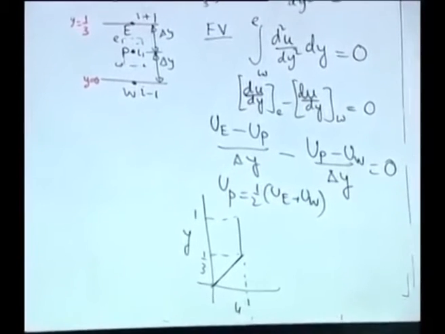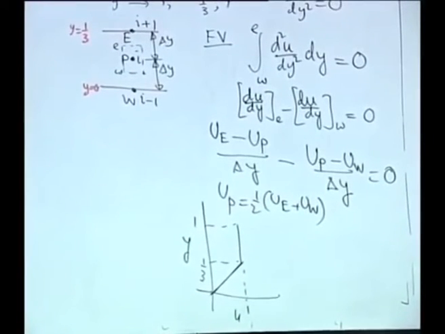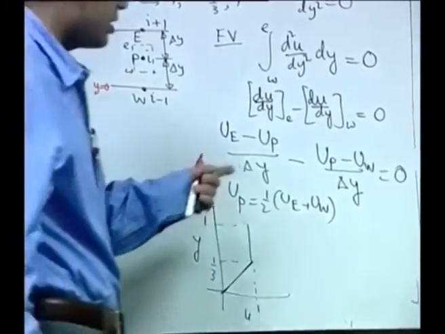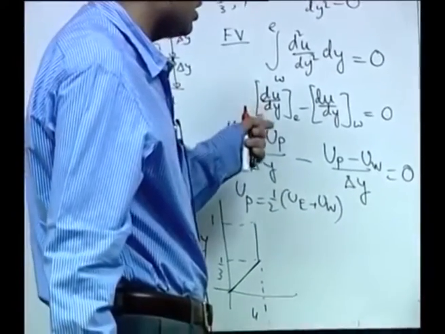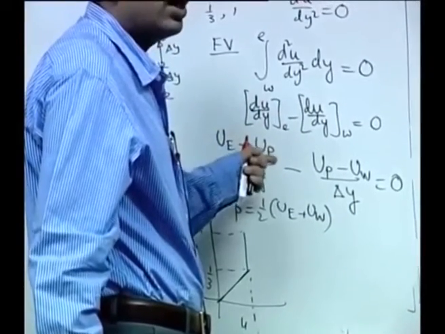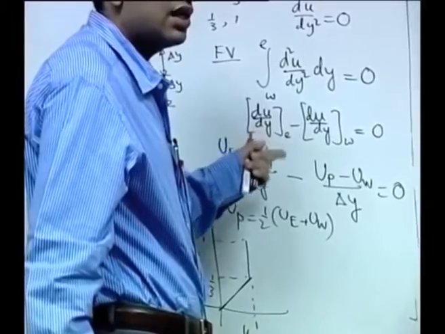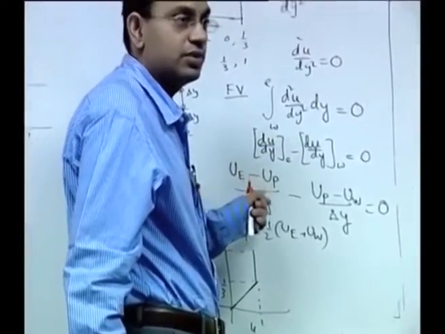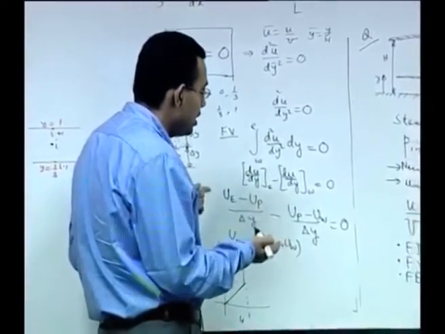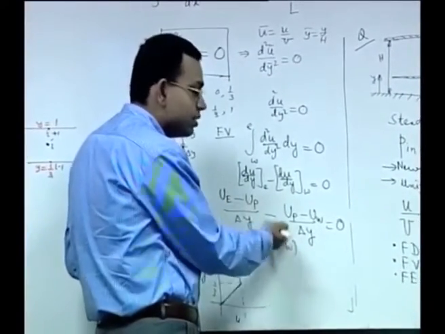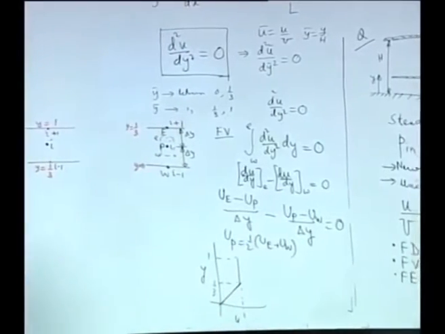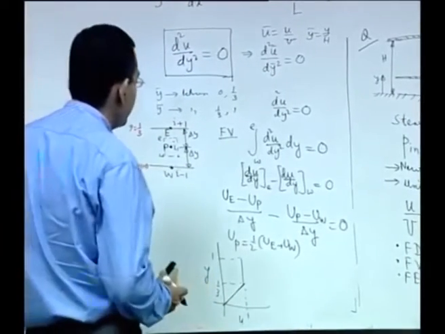The agreement between the finite difference and finite volume method is not surprising, because both in effect have considered a linear profile, one through the Taylor series and another through a direct profile assumption. So, because both have considered implicitly or explicitly a linear profile, the outcome is the same. Then let us look into the finite elements method.